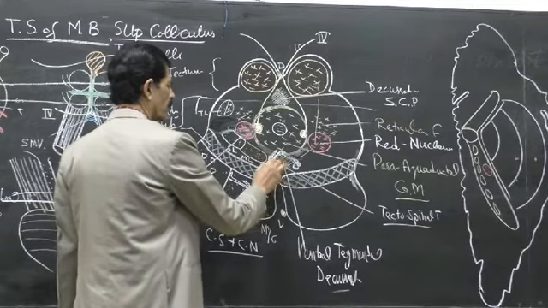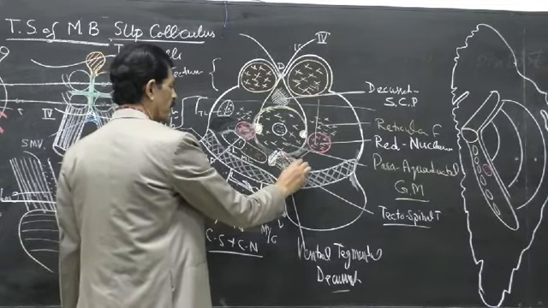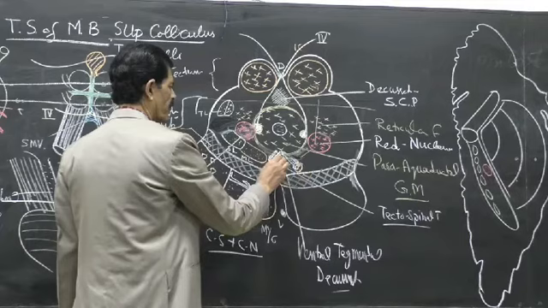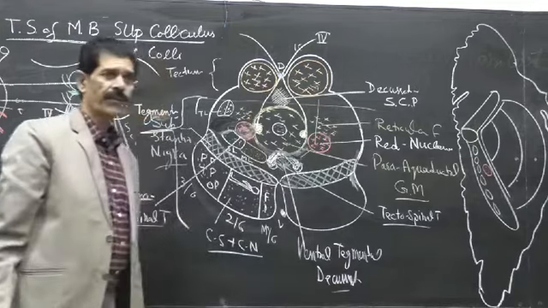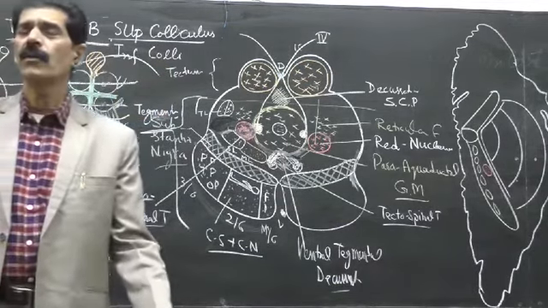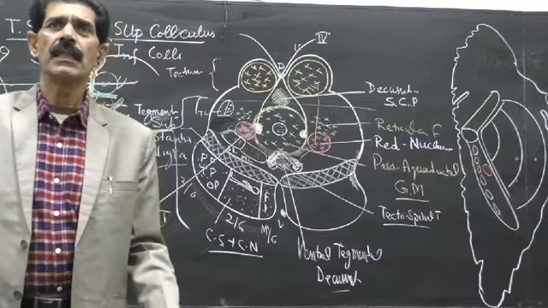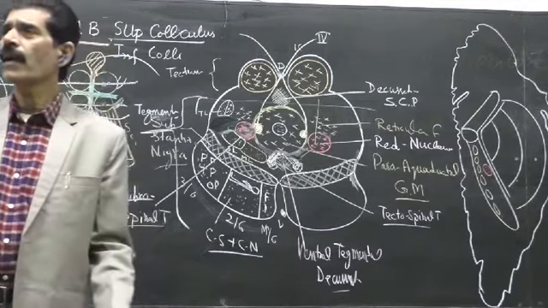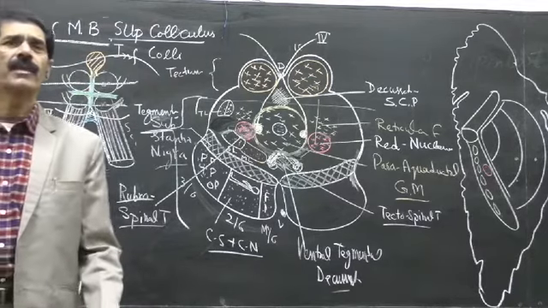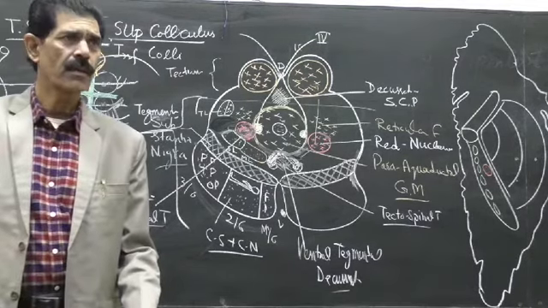These fibers descend as the tectospinal tract, which is present ventrally. They come from the superior colliculus, because the superior colliculus has a visual function. So the tectospinal tract derives its fibers from the gray matter of the superior colliculus.